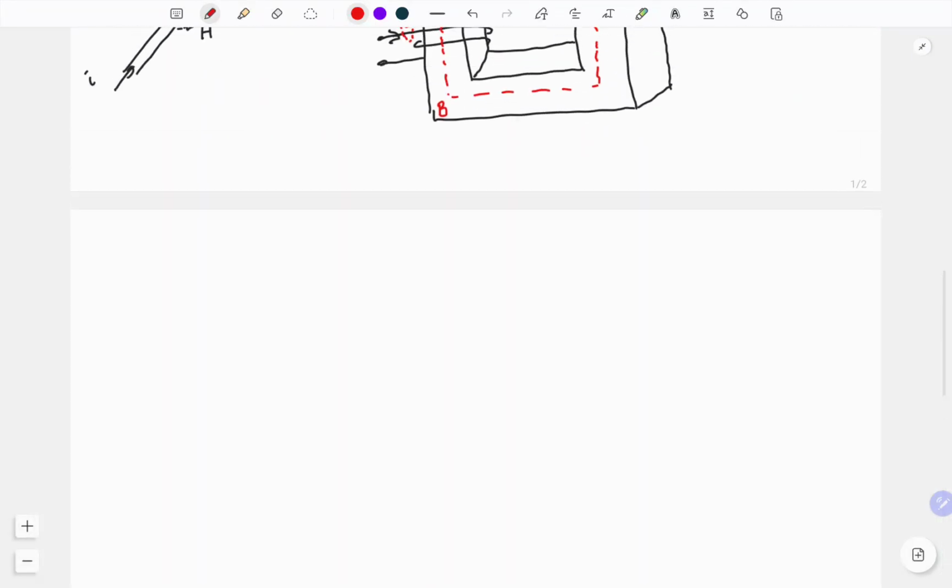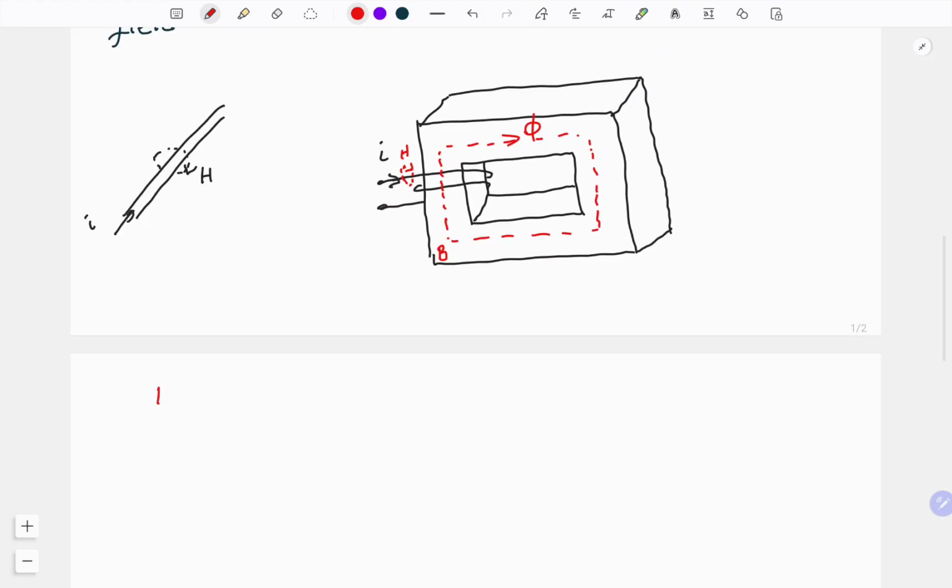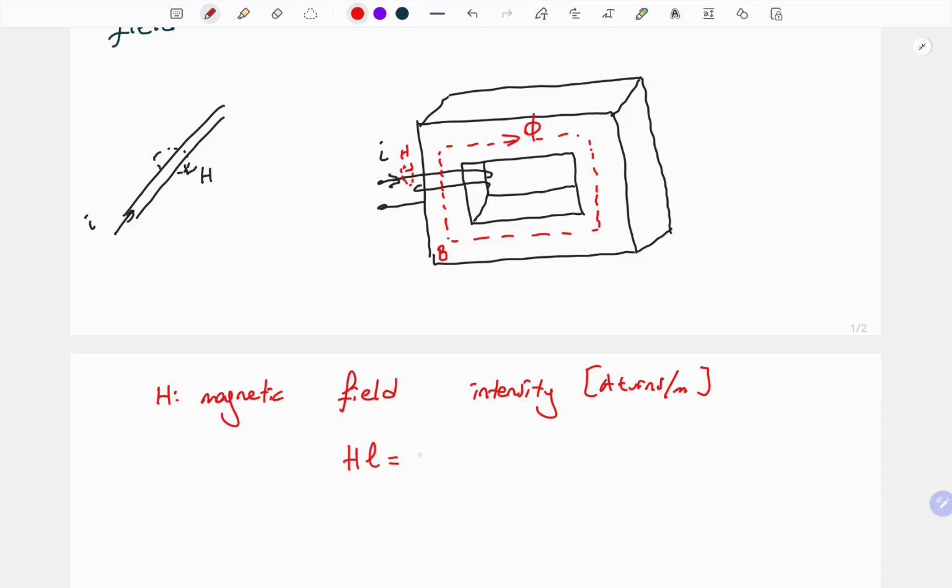For H, as we said, it is the magnetic field intensity, and its unit will be ampere turns over meter. Actually, it is obvious from the unit that we can write the description. For the simple analysis, H times L, where L represents the mean path length.